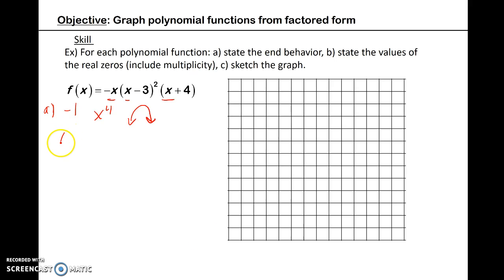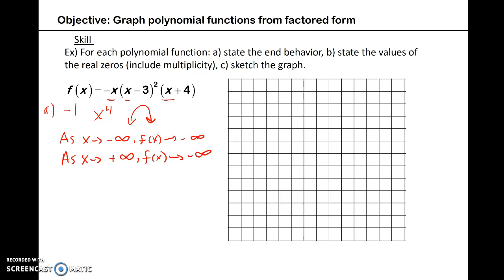So therefore we can state our end behavior as x goes to negative infinity, f of x goes to negative infinity. As x goes to positive infinity, my outputs, my y values, go to negative infinity. So this function is facing downwards.